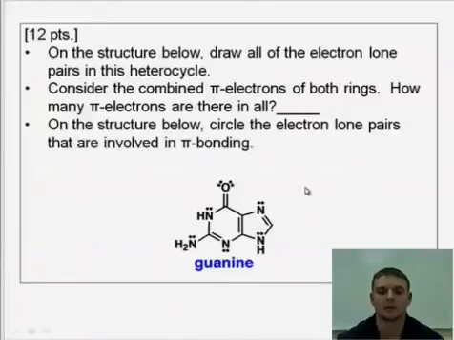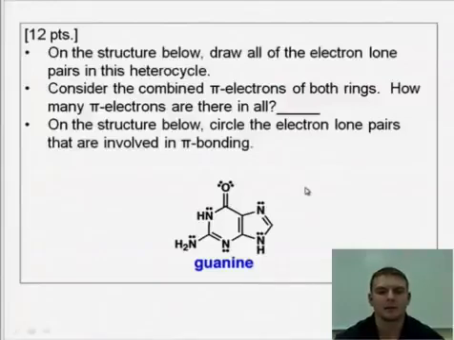So the oxygen is double bonded, so it contributes 1 pi electron also, so that would be our 12th electron. And the 3 connected nitrogen bonded down here also has its lone pair in a p orbital and would account for our 13th and 14th pi electron count here.